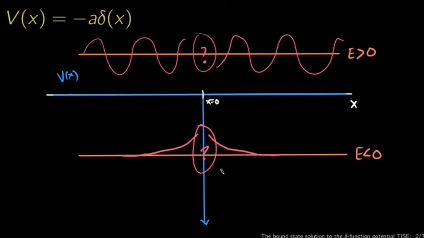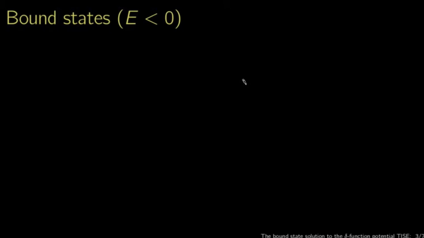That's where our boundary condition matching comes in. But first of all, let's consider what the solution looks like away from the boundary. And in this lecture, I'm going to focus on the bound state, the state where the energy is less than 0. For the bound states, energy less than 0, away from x equals 0, we know v of x is equal to 0.